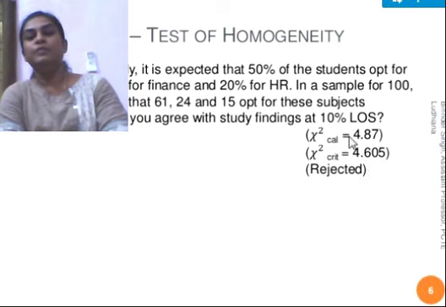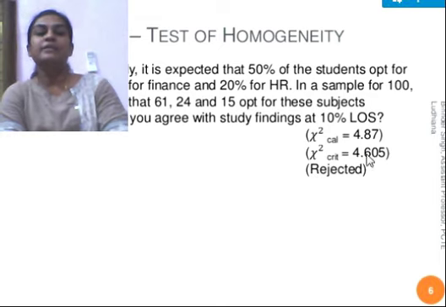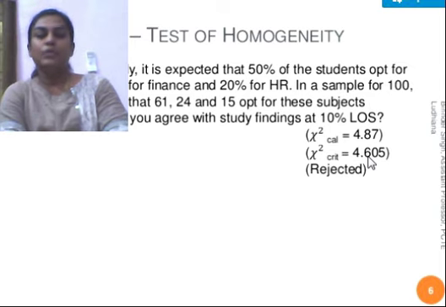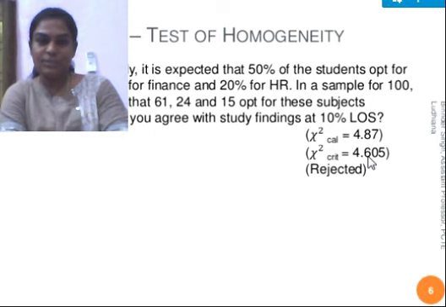If you observe the two values, the hypothesis we assumed is rejected, because the calculated value is greater than the critical value.